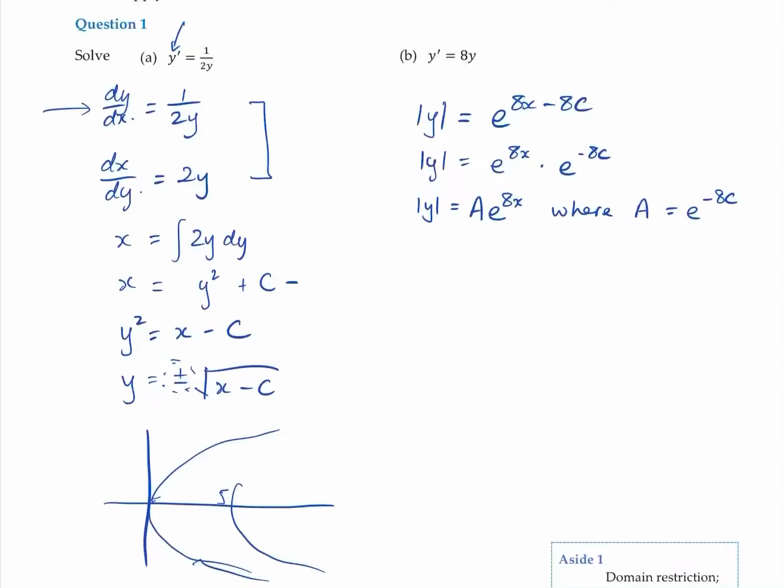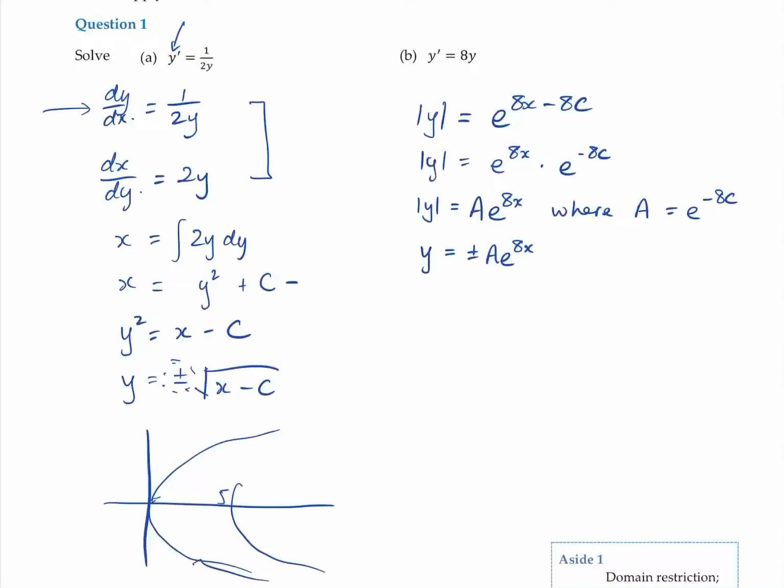We've just taken a constant, e to the negative 8c, given it a different name, A, and that tidies this up nicely. All right, and so if absolute value of y equals that, then we've got y equals plus or minus A e to the 8x.